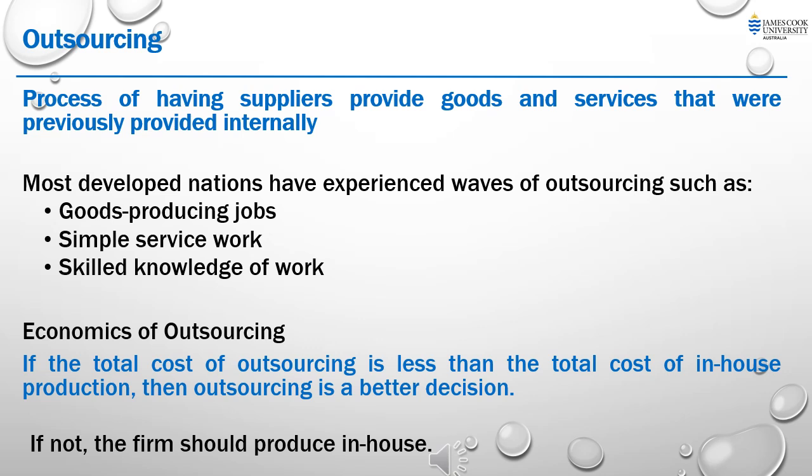So if the total cost of outsourcing is less than the total cost of in-house production, then outsourcing is a good decision. But if it's not the case, that's not the right decision for that product.